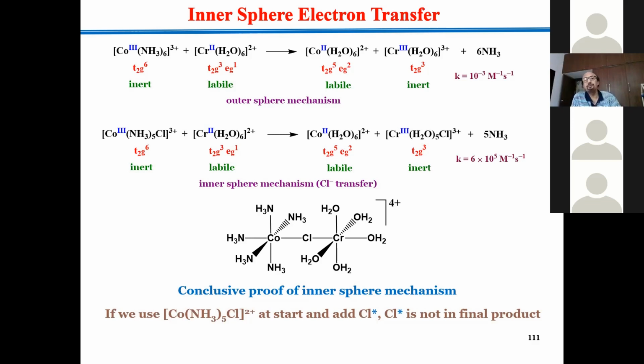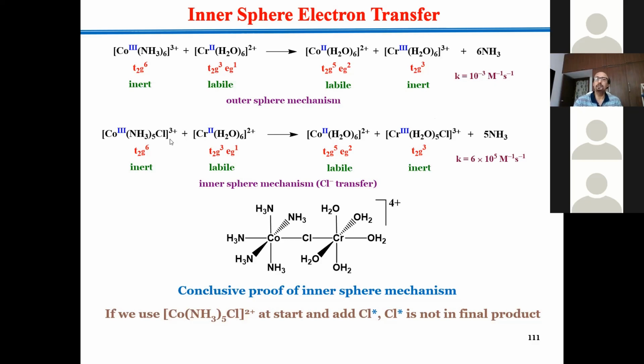Then they have also performed the control experiment, where we use these at the start and add labeled chloride in this mixture. So what you are doing is the same reaction, adding labeled chloride in the mixture, and you will see very minimal incorporation of the labeled chloride over here. Or otherwise, if you use this one as the labeled one, you will see the labeled one over here.